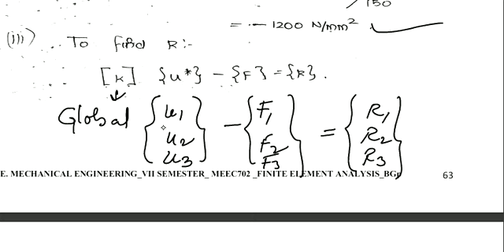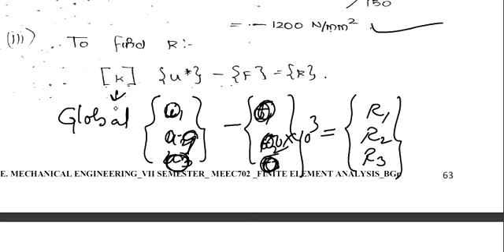Now you have to substitute whatever you have calculated. U1 is 0, U3 is 0, and U2 is 0.9 something. Only the unknown reaction forces you have to calculate. F1 is also 0, and F3 is also 0. F2 is given as 600 into 10 power of 3.